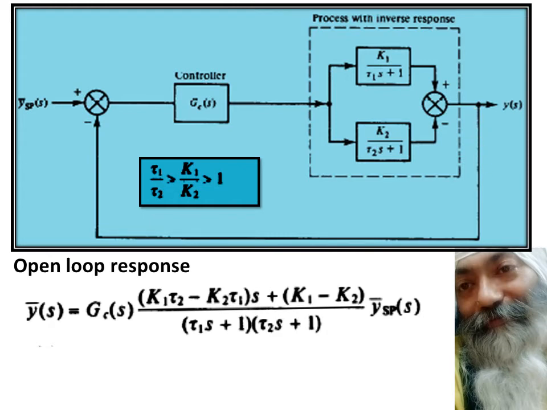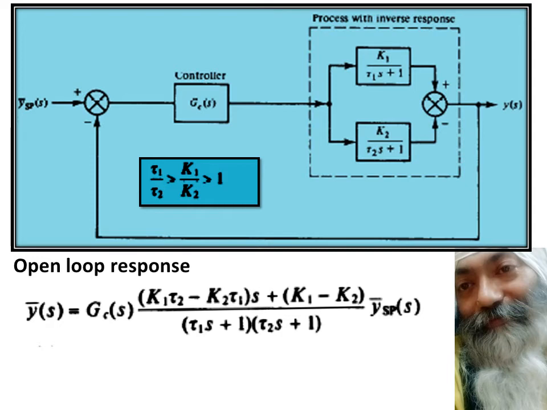This y is nothing but whatsoever is the step change which you are giving over here, ysp, it is getting multiplied by gc, it is getting multiplied by this block, and you subtract from it this block. And once you do this little bit of mathematics using your own copy or pencil or pen, you will find that this y bar, which is the open loop response, is given by this equation.